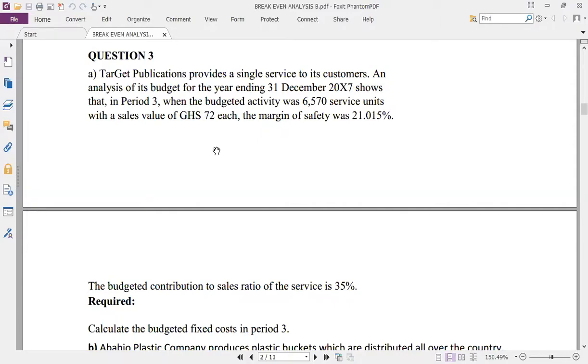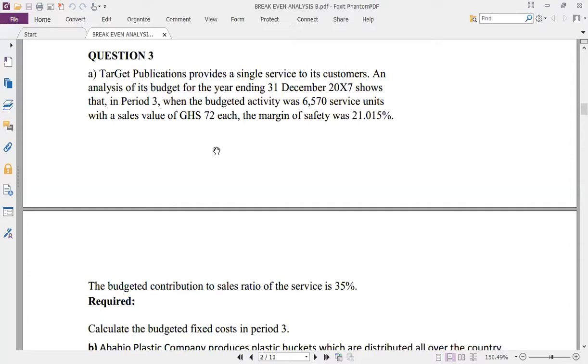Analysis of its budget for the year ending 31st December 2017 shows that in period 3, budgeted activity was 6,570 service units with a sale value of 72 cedis each. And the margin of safety is 21.015%.